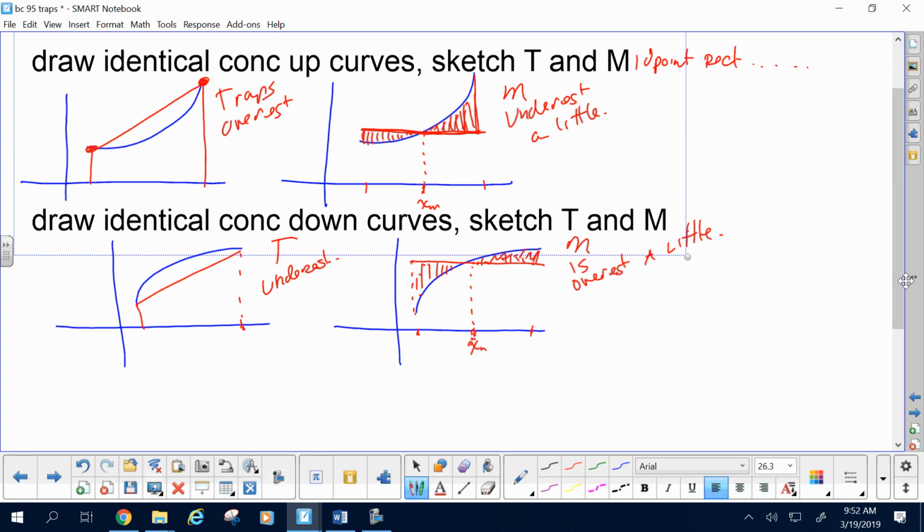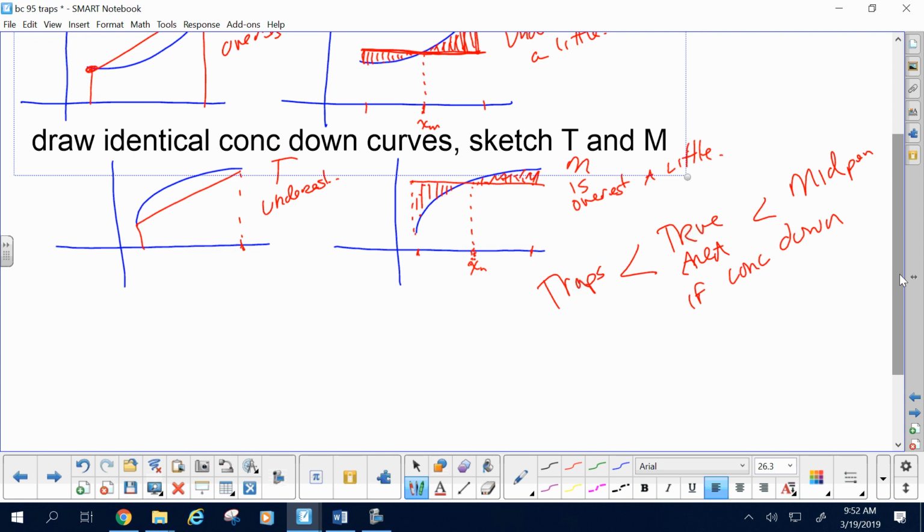The point you need to understand, though, is that the true area is between the trapezoid and the midpoint. If it's concave down, then the trapezoids are underestimating and the midpoint's overestimating.